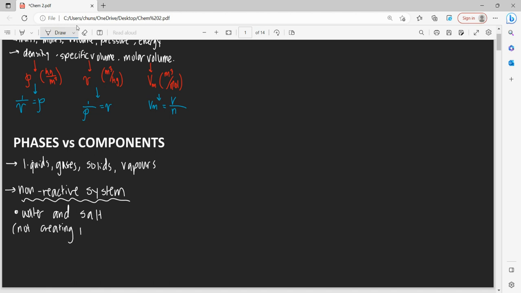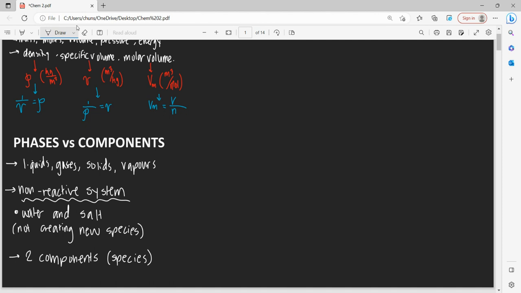So not creating new species. So in this case, we would have two components, which would be considering each separate species. So in this case would be water and salt.